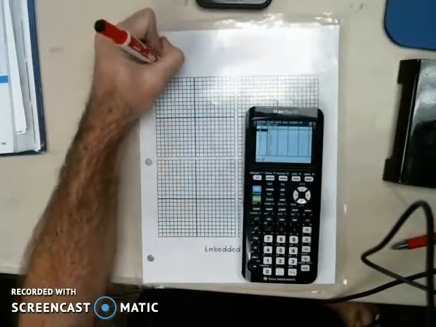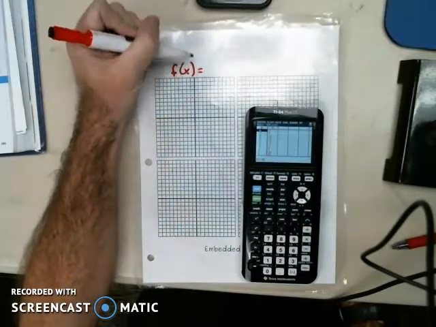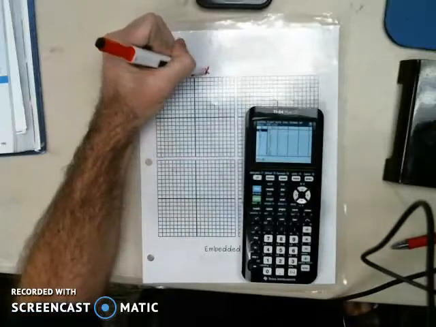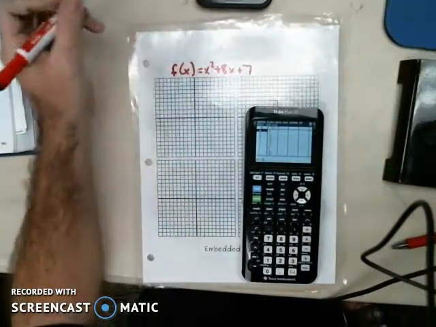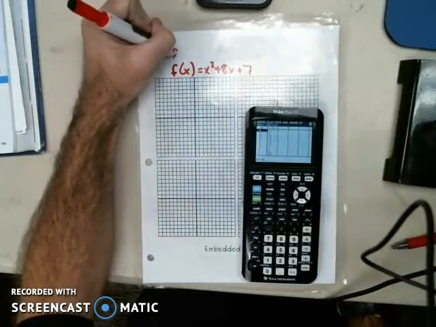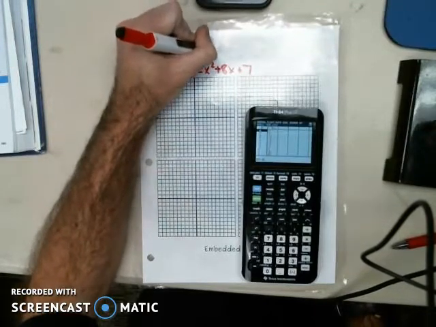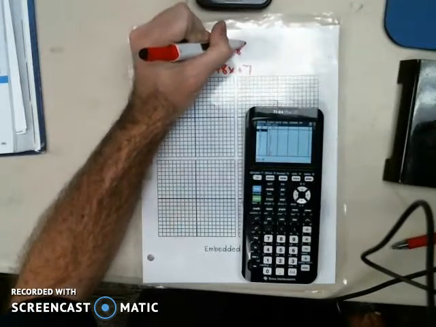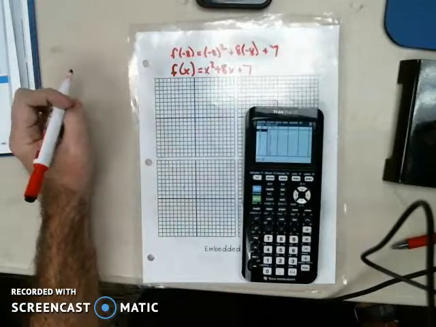All we're doing here is taking the number that's in the x column and plugging it in to this problem right here. If I plug in -8, what my calculator does is it takes -8 and squares it, and then it adds that to 8 times -8, and then it adds 7 onto it.